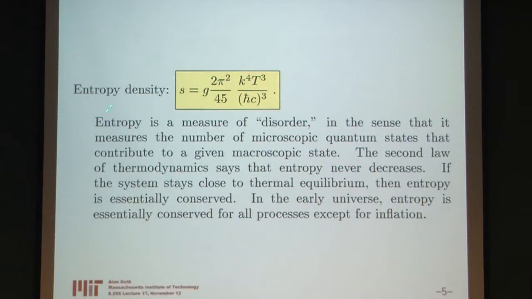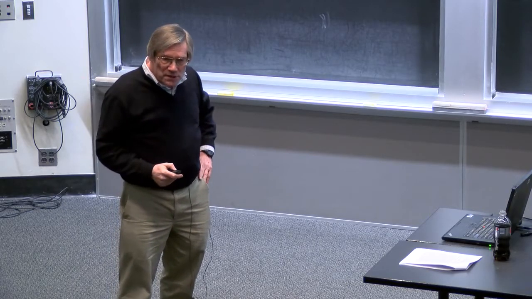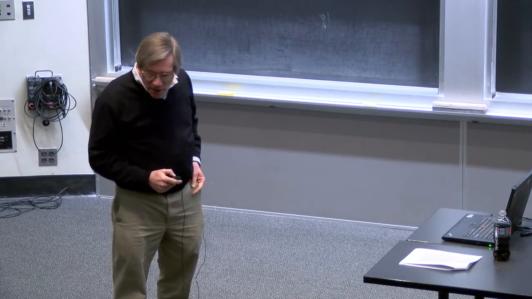And finally, the entropy density is the same G as we had for energy densities, times 2 pi squared over 45, k to the 4th T cubed, divided by h bar c cubed. Again, it goes like T cubed. And entropy is a somewhat subtle concept.